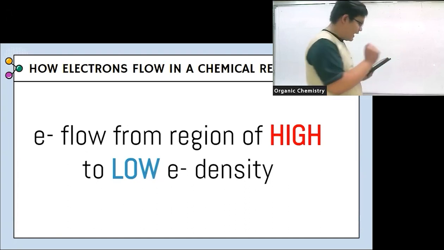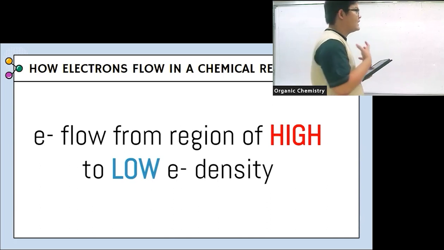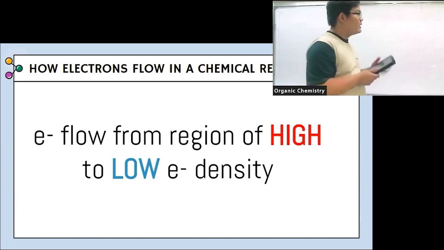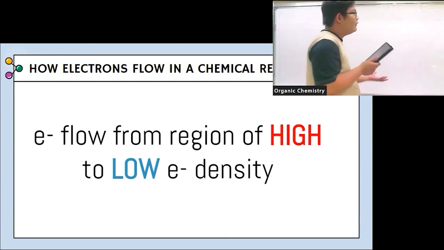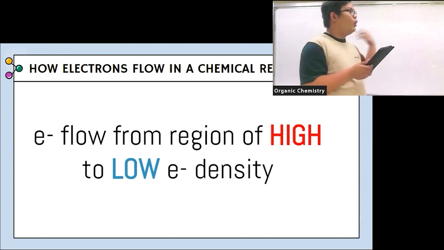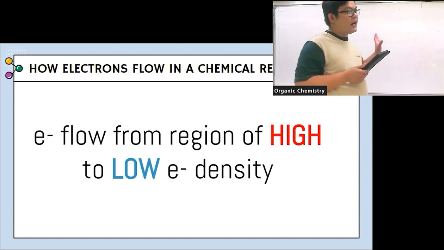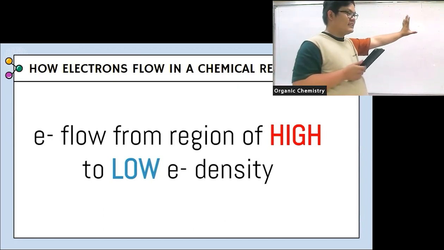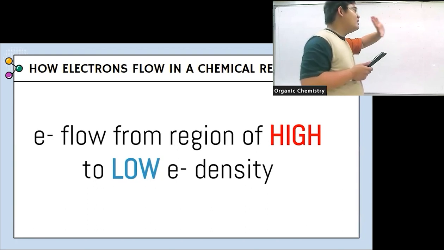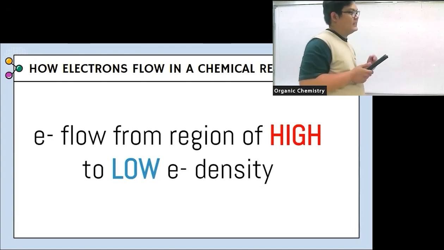In this case, in terms of acid and bases, nagpo-flow yung electrons from the base, which has a high electron density, to the acid, which relatively has a lower electron density than the base. So, pag nagagawa kayo ng mga chemical reactions, hindi lang ito restricted sa acid and bases, ang tatandaan niyo lang with organic chemistry, electrons flow from region of high to low electron density. Okay? So, next slide.